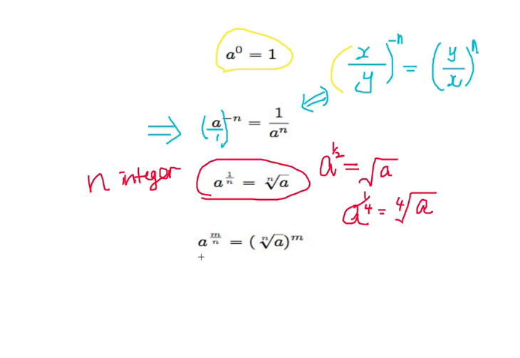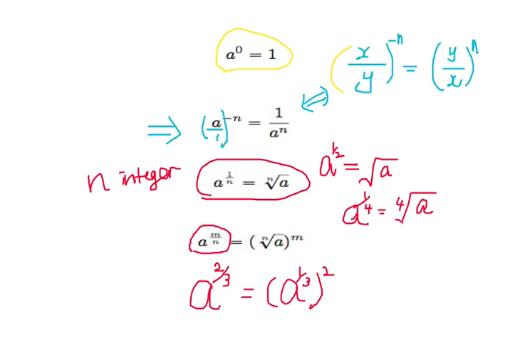Then this one is more interesting: a to the power m over n. Your m is no longer 1, it can be like a to the power 2 over 3, for example. You can see it as 1 over 3, and you simply take out the 2.